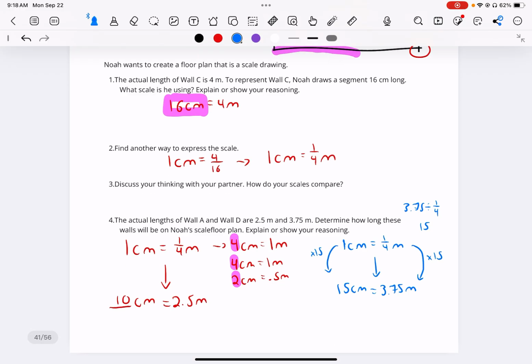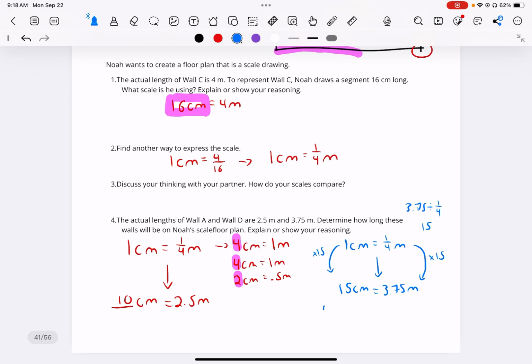If I wanted to do it the same way I did the previous one, I can do it that way. So the 4 centimeters is 1 meter. I need another 4 centimeters for the 1 meter, another 4 centimeters for the 1 meter. And now the 2 centimeters equals 0.5 meters.